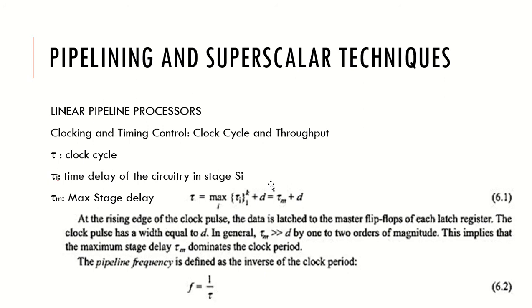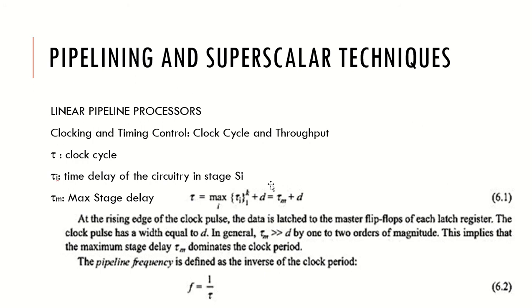And you will have to add something else, which is D, and D is the pulse width. So you can say tau is equal to tau m plus D, where tau m stands for the maximum stage delay. D can be taken as the latency or the latch delay also. In the case of synchronous, D stands for the latch delay.